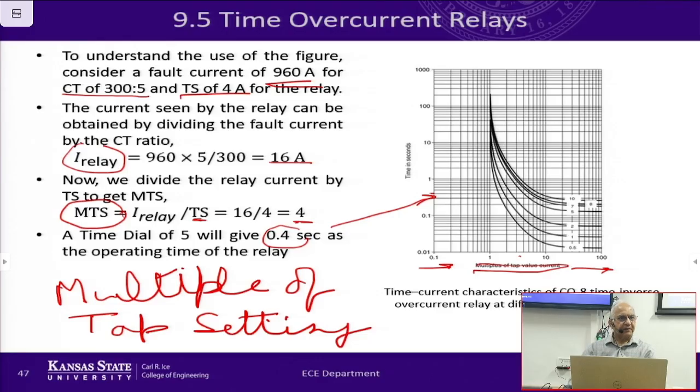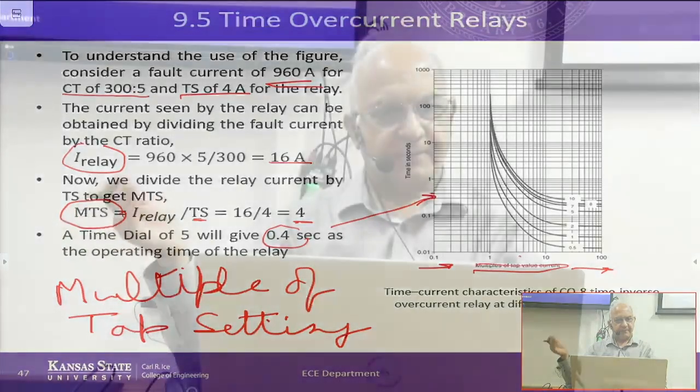Okay, so the key thing is: take the fault current, use the CT ratio to convert it to I relay, and then divide I relay by the tap setting to get MTS. Then from MTS, you know the time dial, use the graph with that particular time dial or time multiplier, go up and find the time.